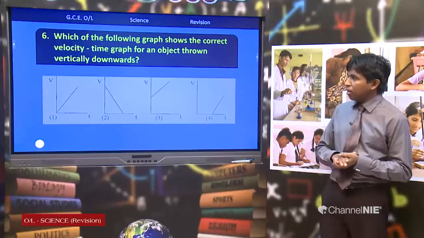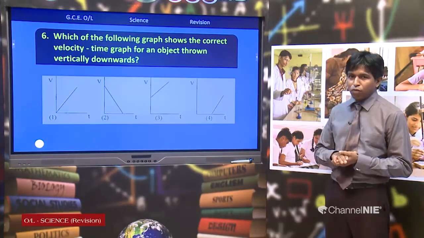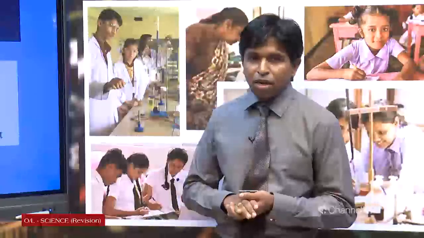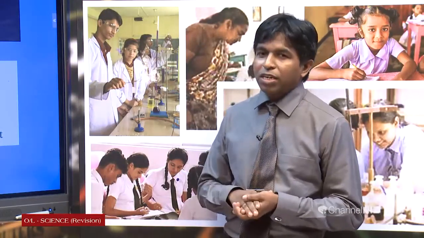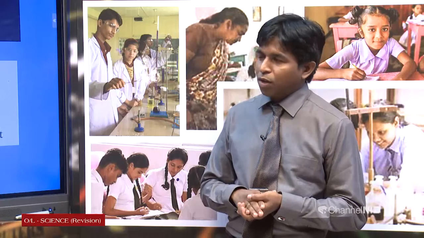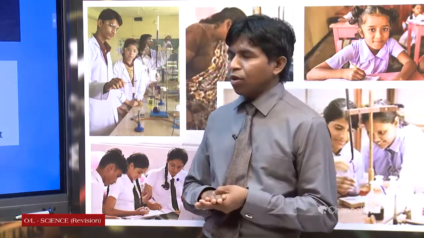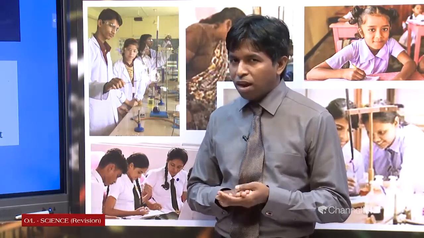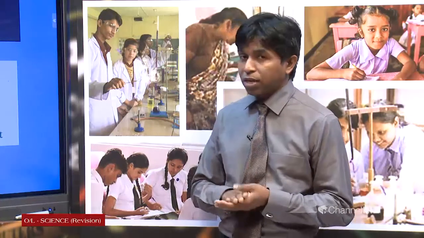You have to underline thrown vertically down. You are projecting it, so you give an initial velocity. If you throw something downwards at 10 meters per second, then you have to start the graph at 10 meters per second, not from 0. So out of the 4 graphs, there are 2 conditions before you select the correct answer. Number 1, the graph should not start from 0 because it is thrown or projected down.